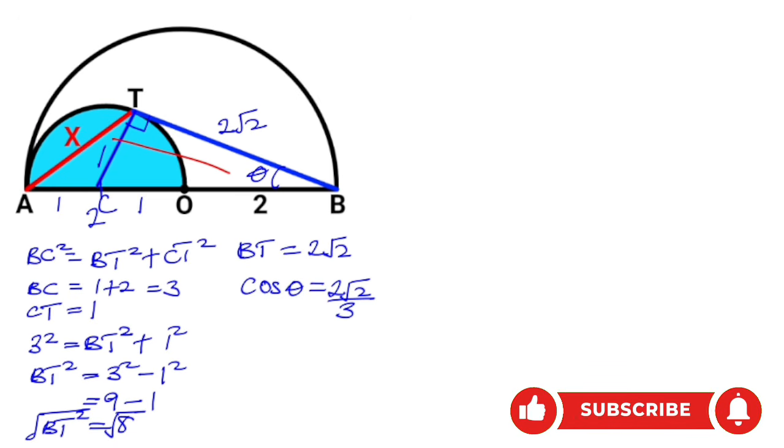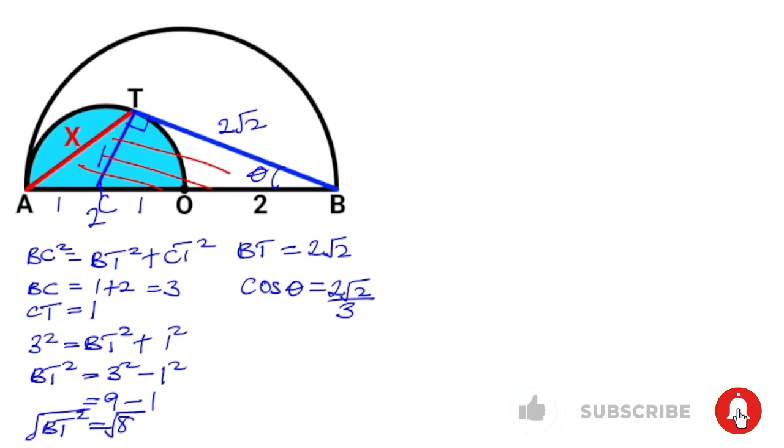Going further, let's focus on triangle ABT. Since triangle ABT is a non-right triangle, to find AT, which is x, we can use the cosine rule.